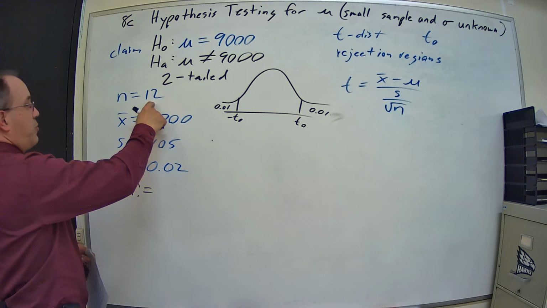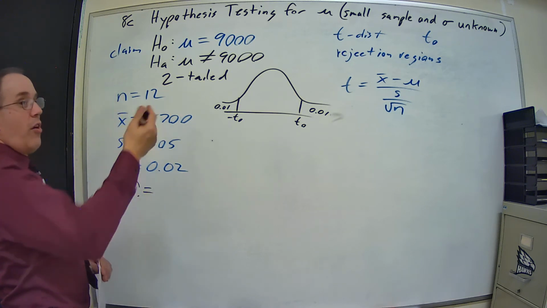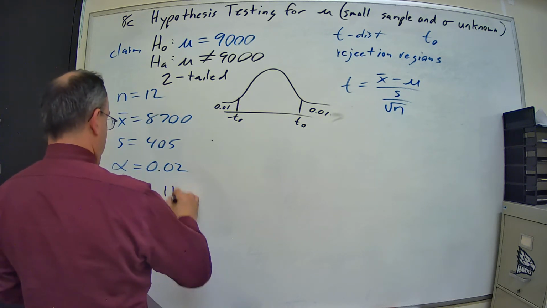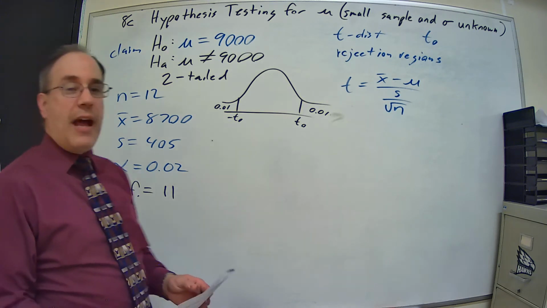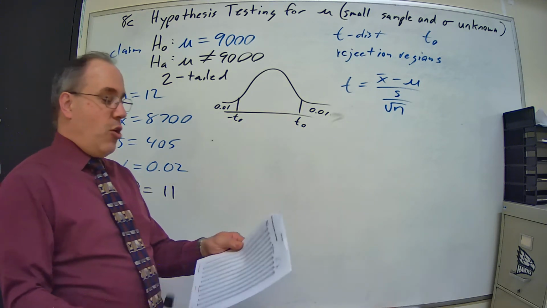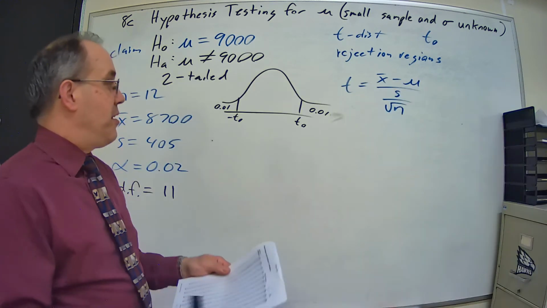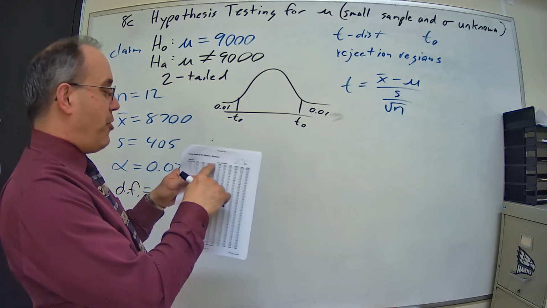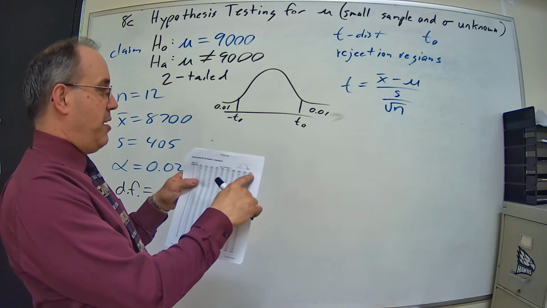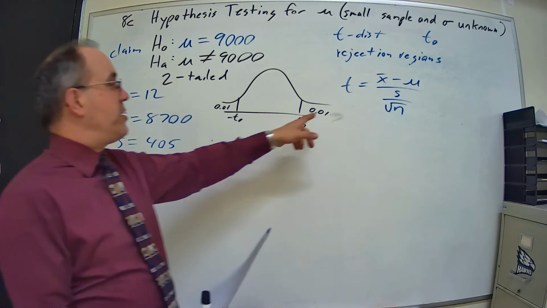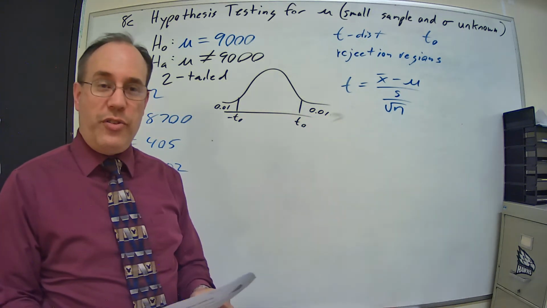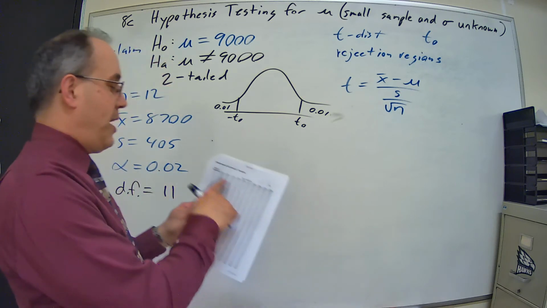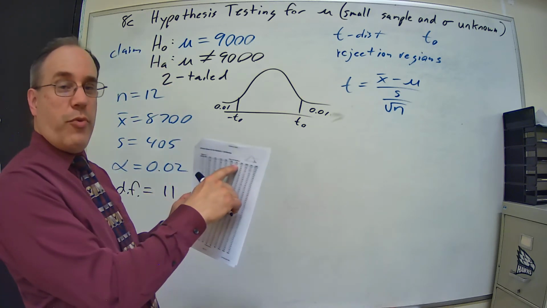So n is equal to 12, so degrees of freedom is 12 minus 1, or 11. So we can now look at this. Now, with the t-distribution, the top gives us upper tail probability. So this 0.01 that we have in the tails, we can look across the top to find 0.01.